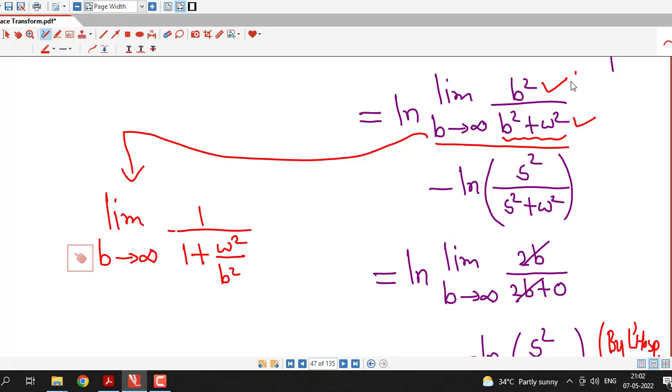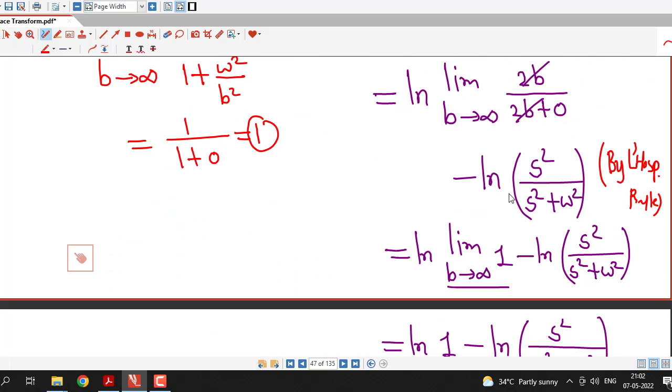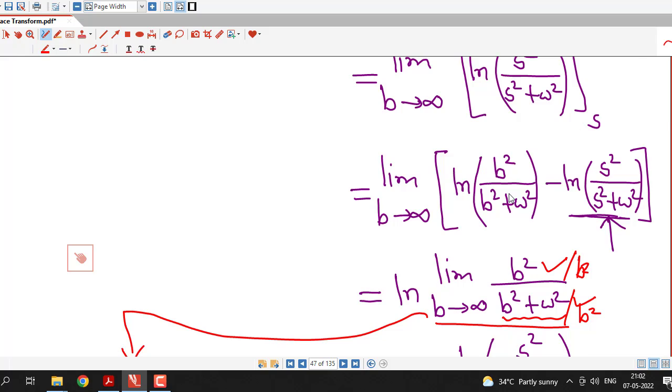So we have divided numerator and denominator by b square, and we obtain this. Now if we take b tending to infinity, we will have 1 plus omega square over infinity, so that is 0, and we will directly obtain 1, and then log of 1 is 0. So either you can go this way for finding this limit, or you can apply L'Hospital rule.